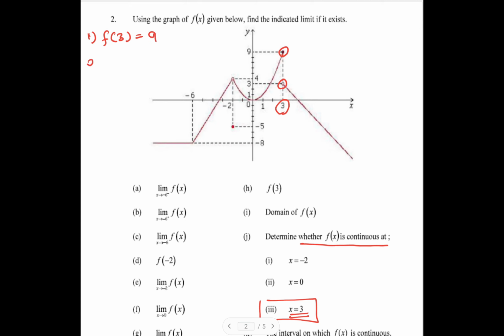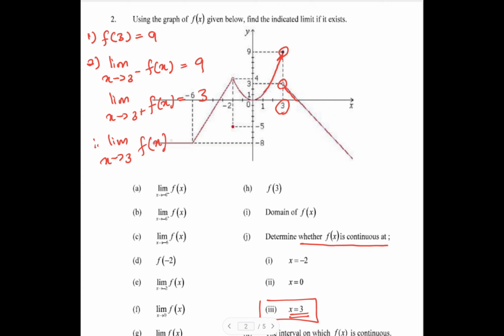And then second, you need to find the limit. In order to find the limit, you must find it from the left of 3. From the left here, when approaching 3 from the left, it is equal to 9. The limit as x approaches 3 from the right for f(x), so from the right, this one, is equal to 3. Since the limit from the left is not equal to the right, the limit as x approaches 3 for f(x) does not exist.